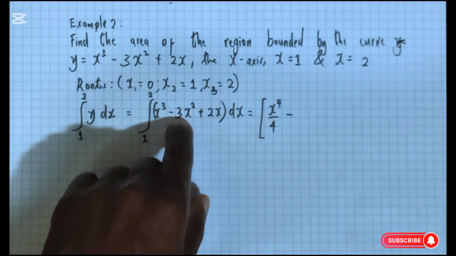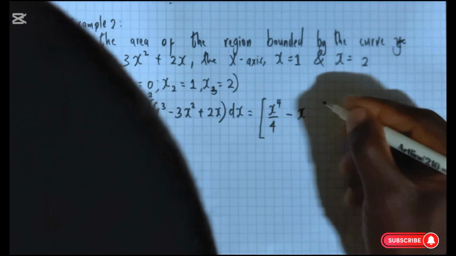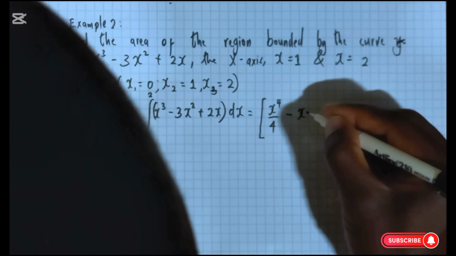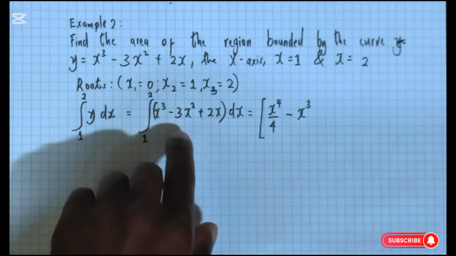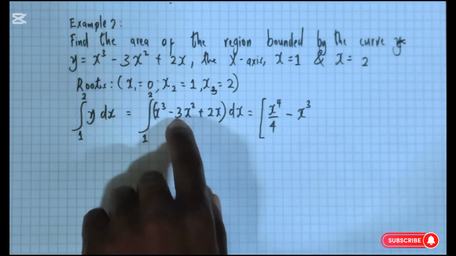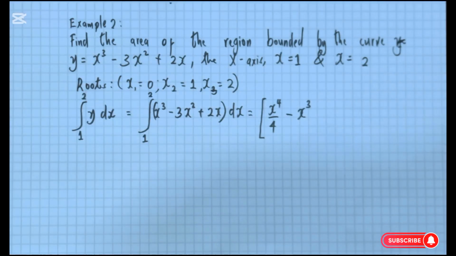When you divide 3 by this coefficient, 3 divided by 3, you get 1, so we have negative x cubed. The 3 has divided the 3 here, and so we no longer have 3 there, we have 1 as our coefficient.